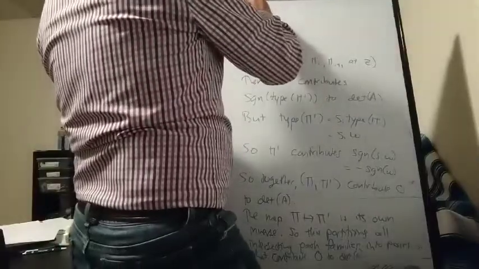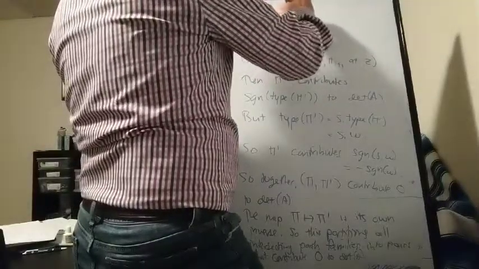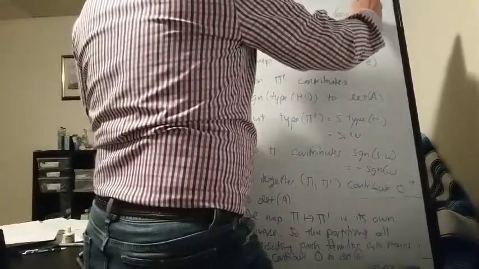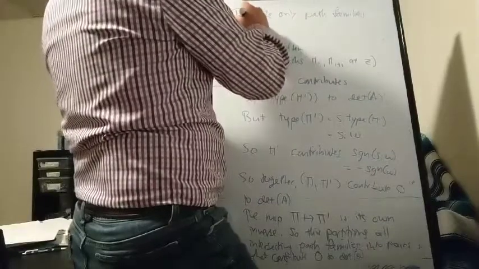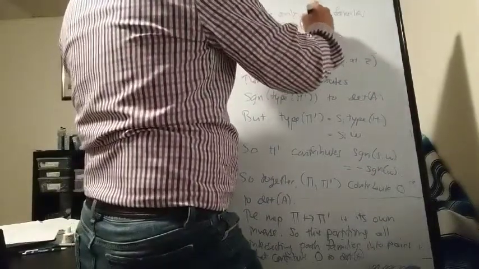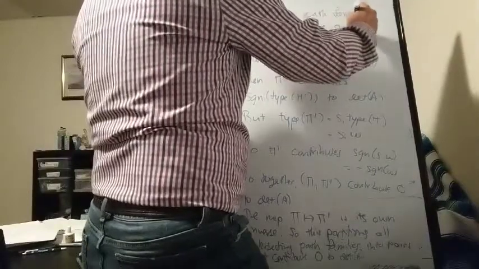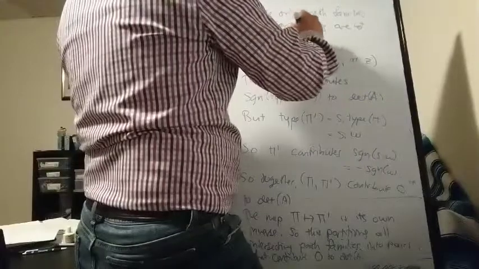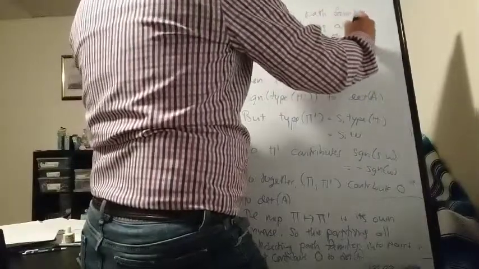So that means the only path families whose contributions are not canceled out are the non-intersecting path families.